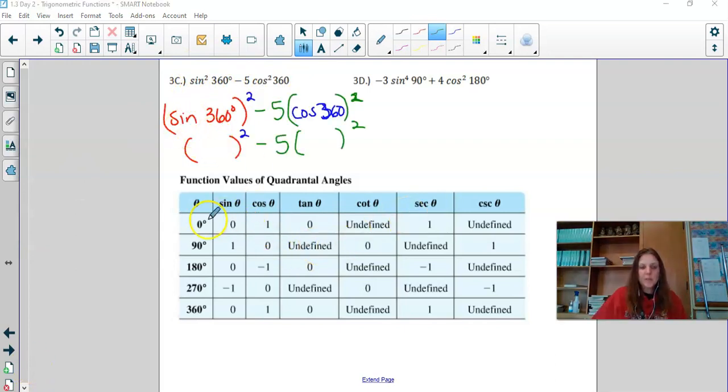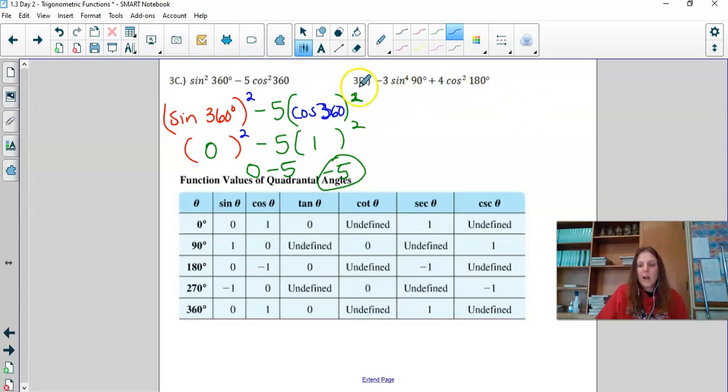So sine at 360, find sine, find 360. It's going to be 0. Cosine 360 is 1. Go ahead and solve. 0 squared is 0. 1 times 1 is 1. 1 times 5 is 5, but that's a -5. So 0 minus 5 is -5.